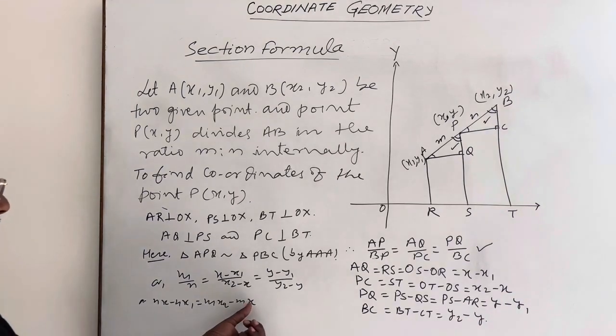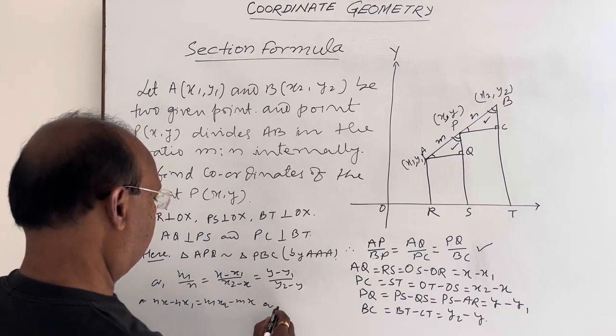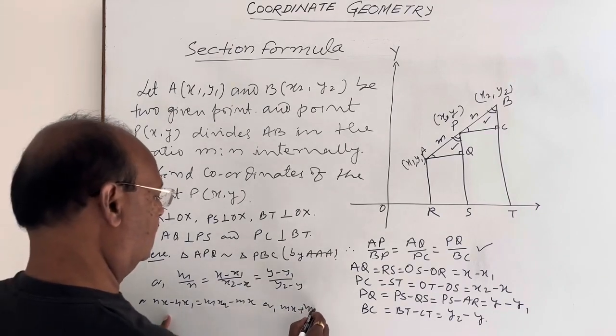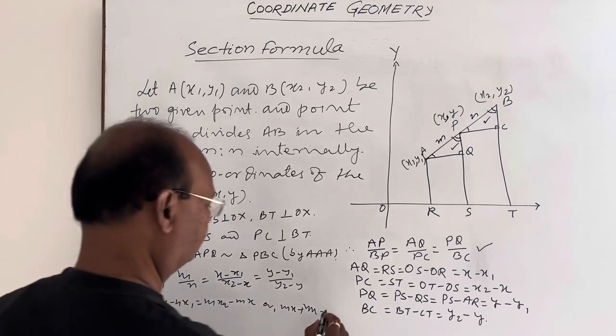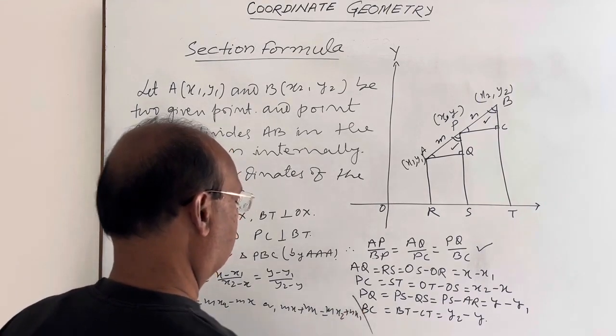Let us transpose mx to the left side. We will get here mx plus nx, and in the right hand side mx2 plus nx1, correct?